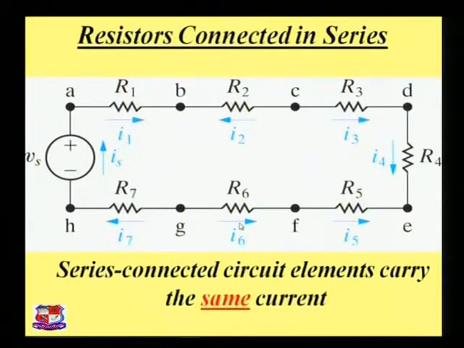Now how exactly are resistors connected in series? See the figure, that is the source voltage, that's point A, resistor R1, point B, R2, point C, R3, up to point H, and the resistors used are R1, R2 up to R7. So it's a series circuit, so we can say that the whole circuit carries the same current.